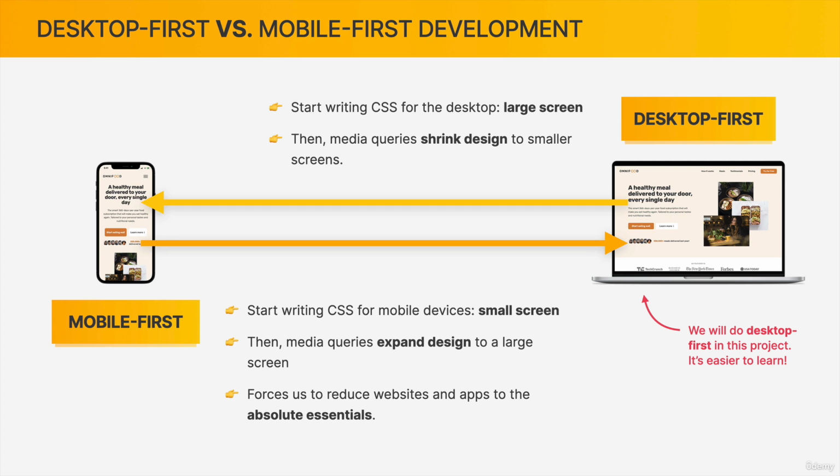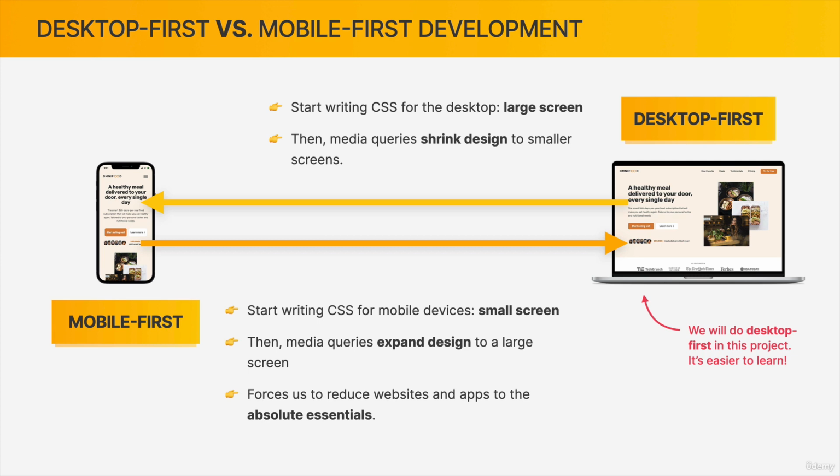Now, the idea that's behind this strategy of mobile first is that we, as the designer, really have to think about the mobile experience for our users. And basically, we can do that by reducing our website to the absolute essentials and stripping away everything that is not entirely necessary. And since we live in a mobile world now, this has actually become the more modern way of building websites these days.